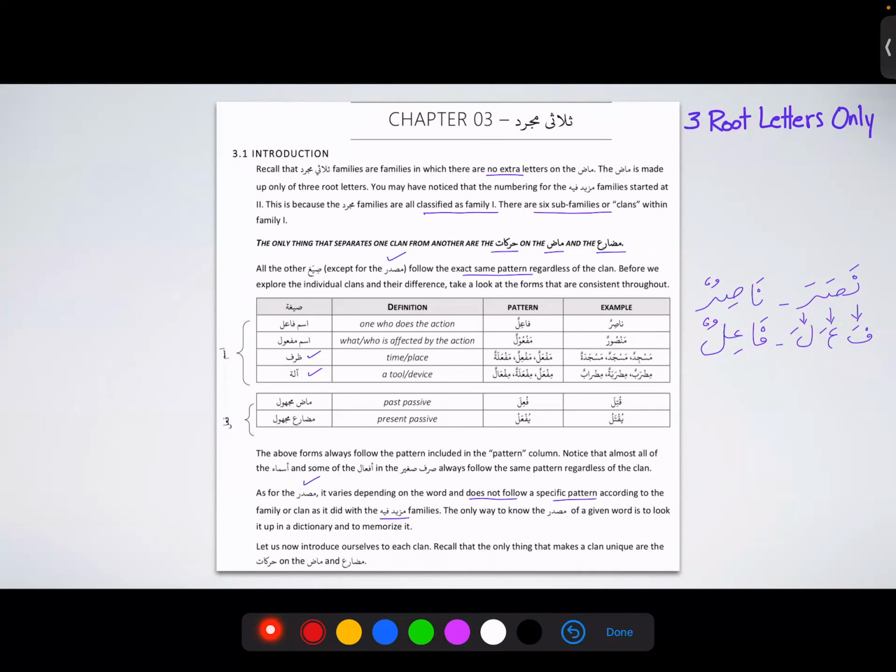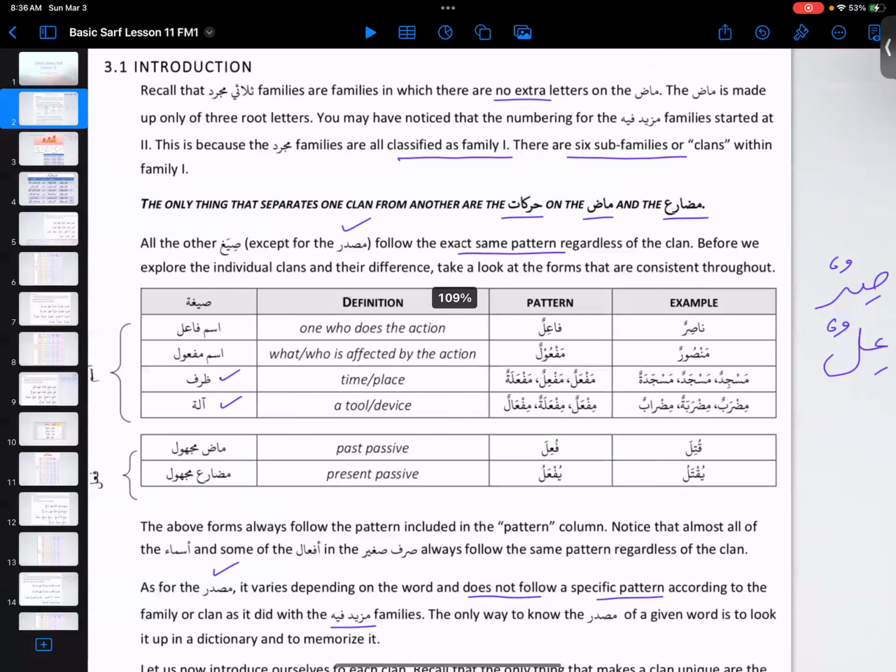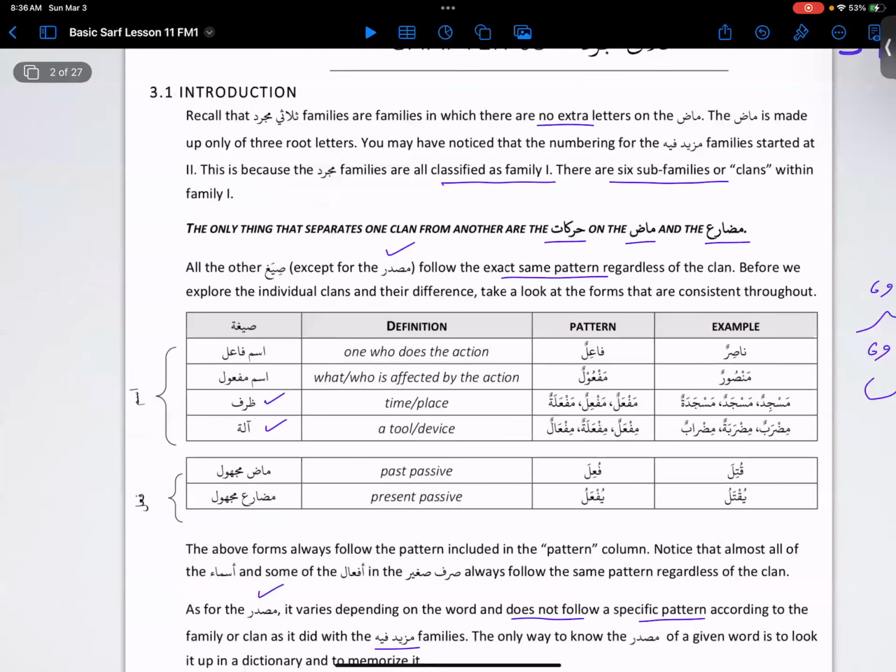And in this family, all other siga except mastar follow the exact same pattern, regardless of the clan. So that is a good thing. Doesn't matter what clan they belong to, there is going to be a certain pattern which is set.